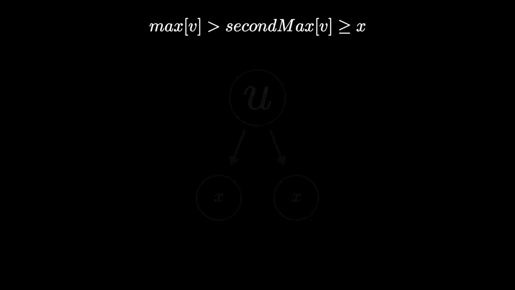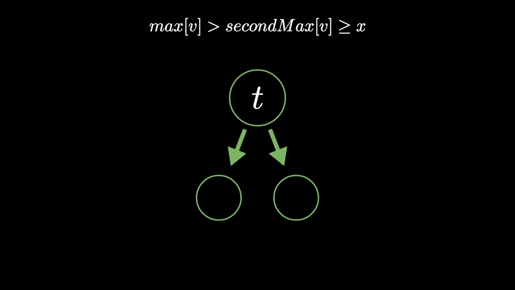Let's look at the deepest vertex t in the subtree of v, for which both the first and second maxima are the same as for v. For vertex t, this condition is satisfied, but not for its children, because vertex t is the deepest such vertex. Then we can just notice that such vertex t is suitable as a candidate for u.